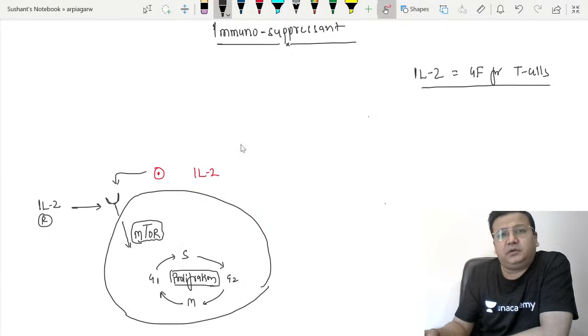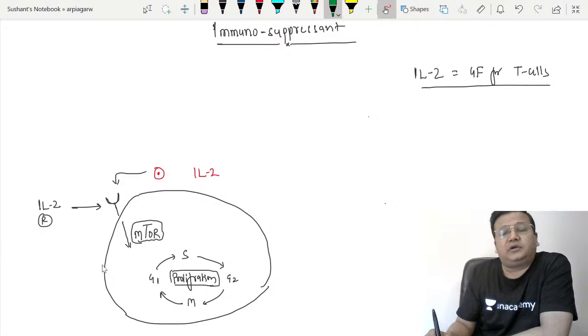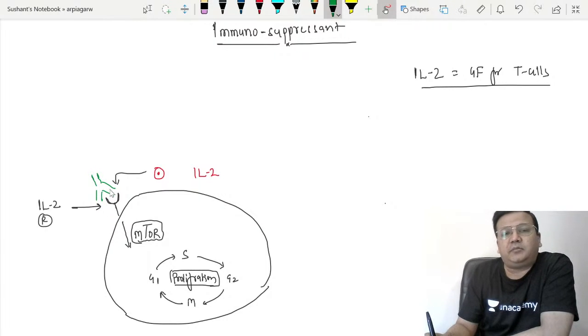It's very simple. The first kind of drug that we can give to block this pathway is antibodies against the interleukin 2 receptor, so that interleukin 2 cannot act. I hope it's clear. What are these antibodies known as?